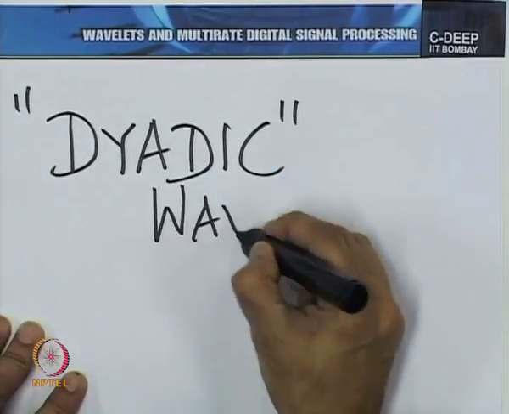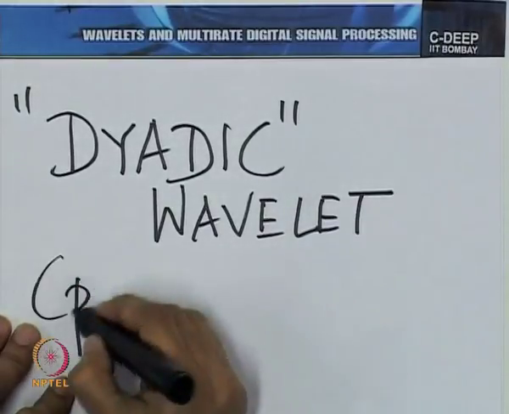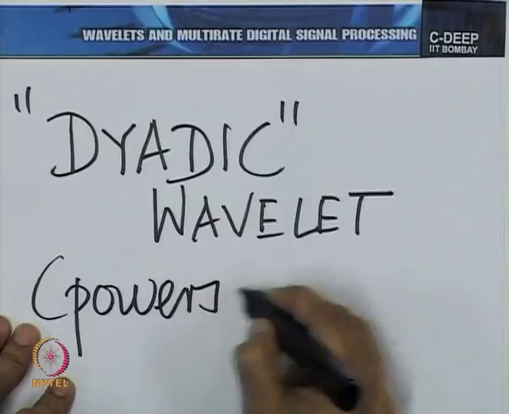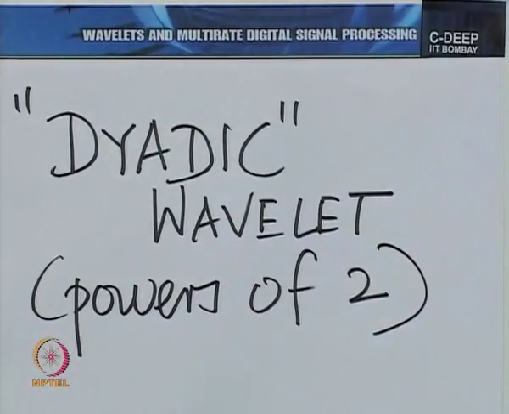And dyadic refers to powers of 2. Steps of 2 every time. The Haar wavelet is an example of a dyadic wavelet.